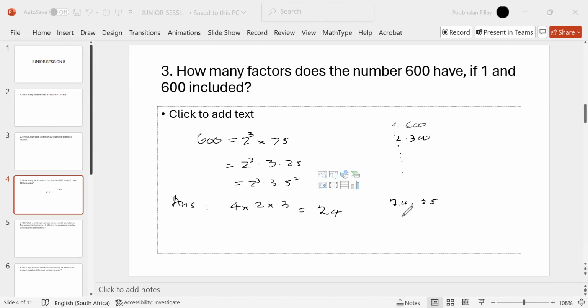But you can't go any further beyond that, because the next one is 25, and 25 goes into this exactly, but then you'll come back to the same thing, 25 times 24, which we've already counted. So you could have listed all the factors like that and counted them, but that would have been very tedious, and we have a nice, lovely formula which gives you the answer without even writing the factors down, which is powerful.